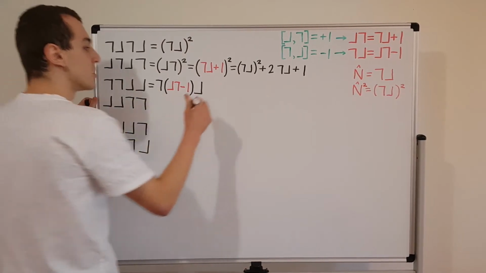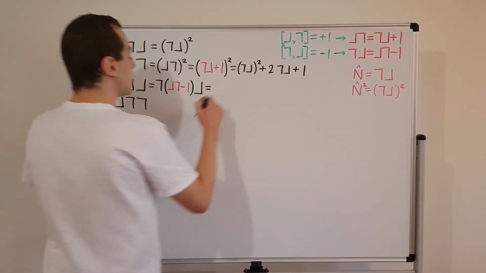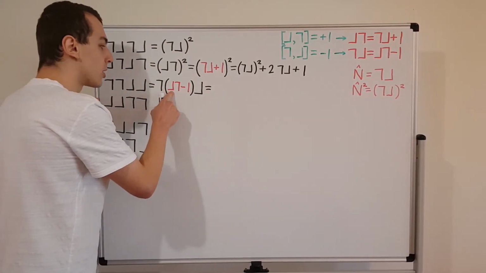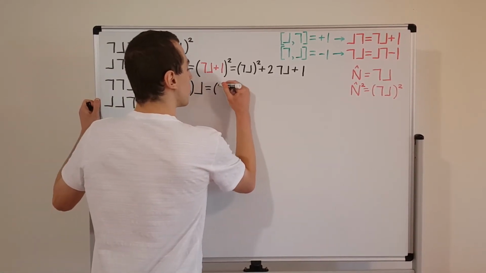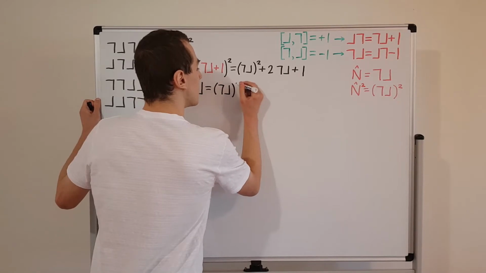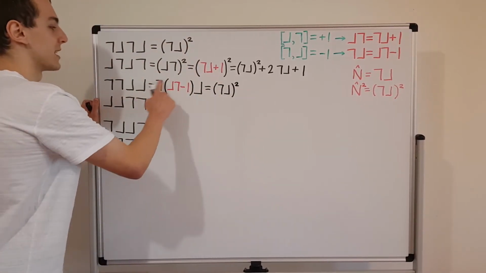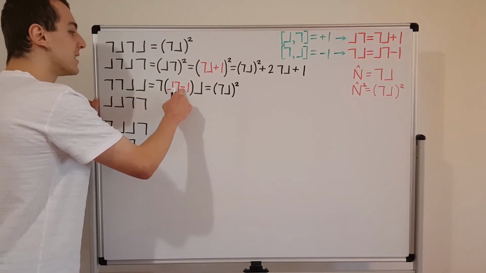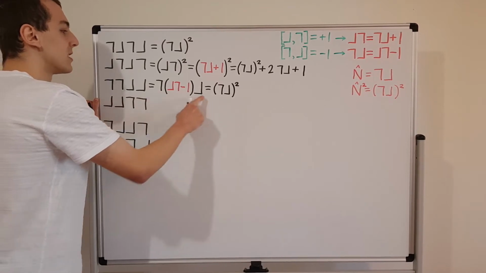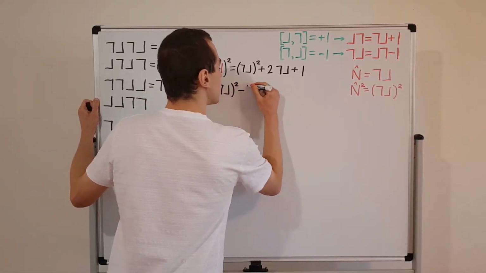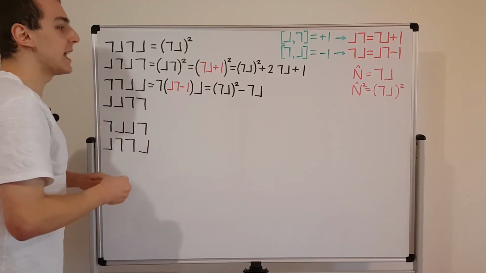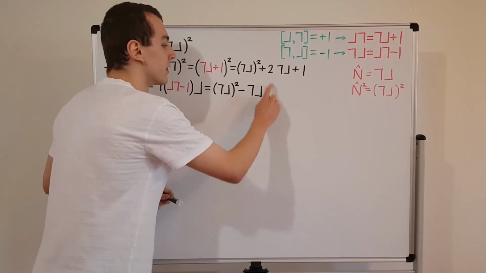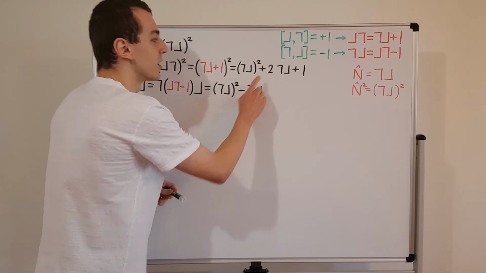So now what we can do is we can see that we have raise lower in the first term. So that's the same as raise lower squared. That's what we get from here. And then we have minus 1, we have raise lower. So that's minus raise lower. So we have another interesting residual term over here. But over here we have a minus sign, not a plus sign.